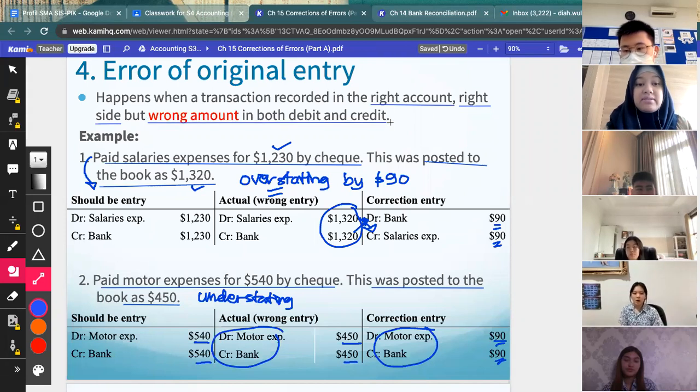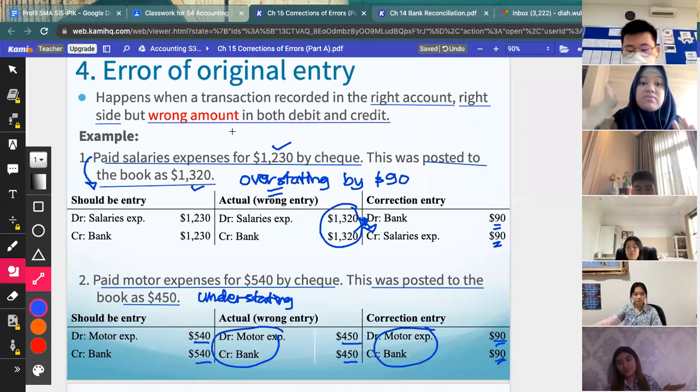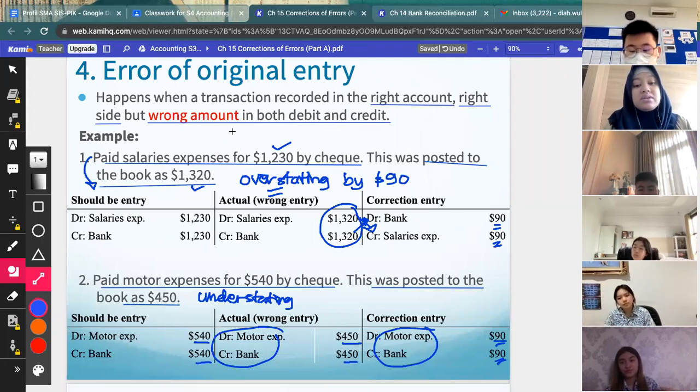Now, this kind of error can make your entry become understated or overstated. There are two types. You have to pay attention whether you are in the overstating case or understating case. Let's see the first example.